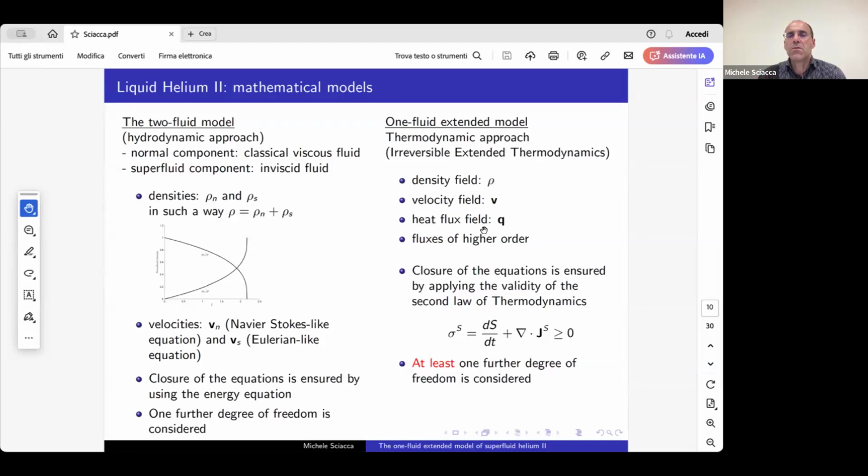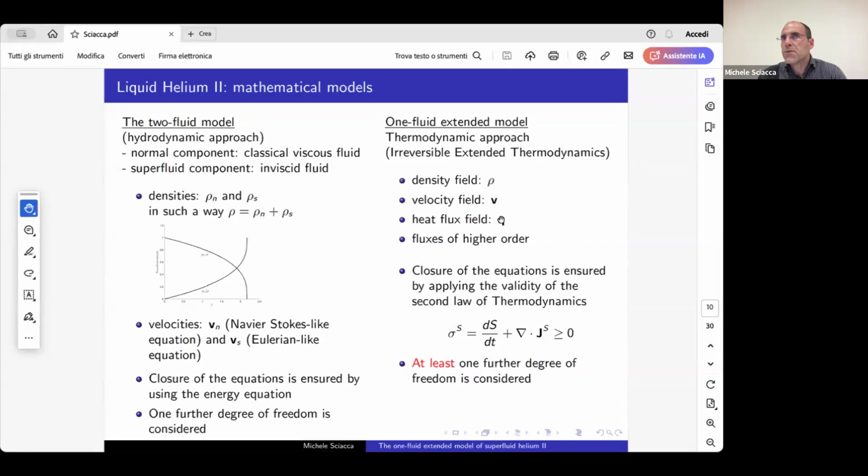Because in terms of the one-fluid model, co-flow means that the velocity v is different from zero and the heat flux q is equal to zero. In counterflow experiments it is exactly the opposite: v is probably zero and q is different from zero.